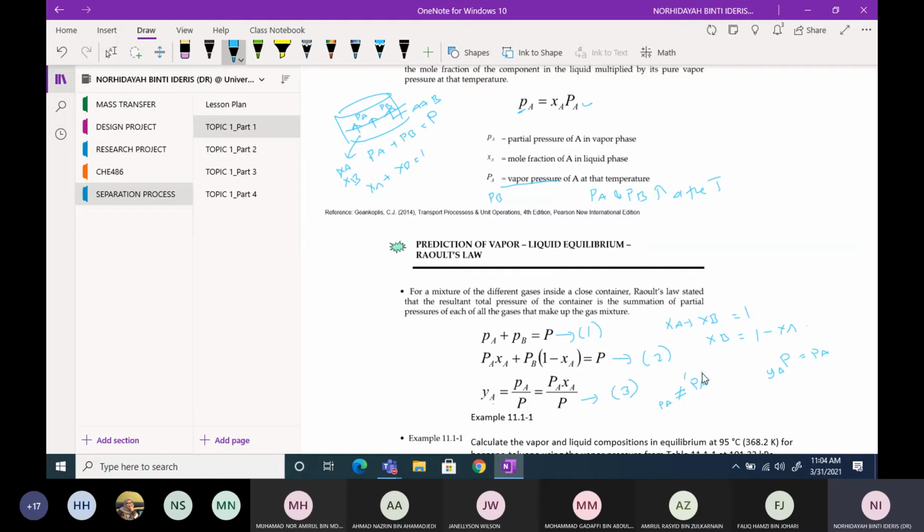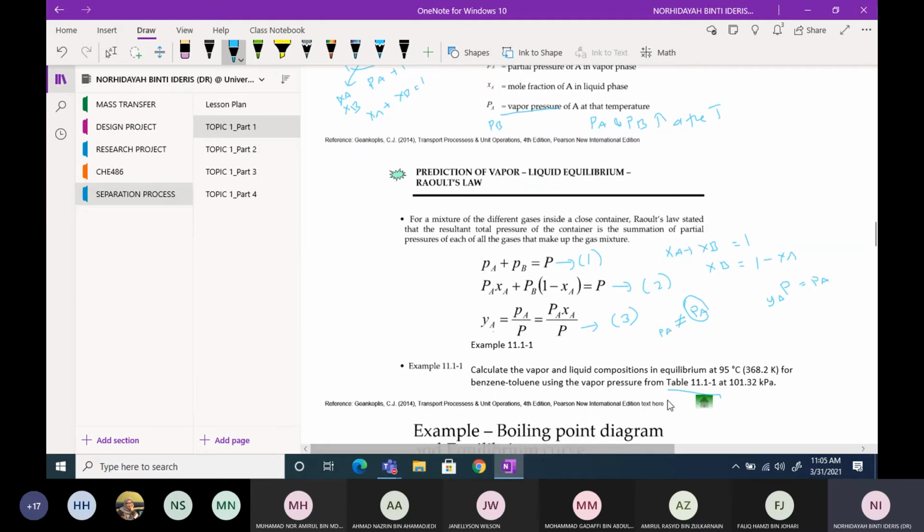But capital P here is a vapor pressure. It depends on the system and the temperature. Usually the value of the vapor pressure we get from a table or graph. That's the first thing that you need to know about this vapor liquid equilibrium, which you can sometimes calculate by using Raoult's law.